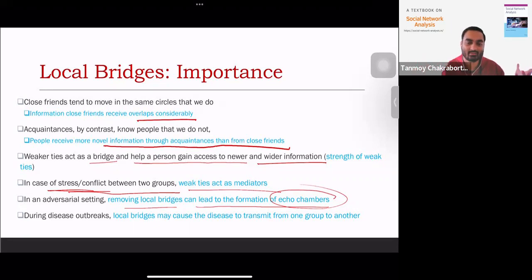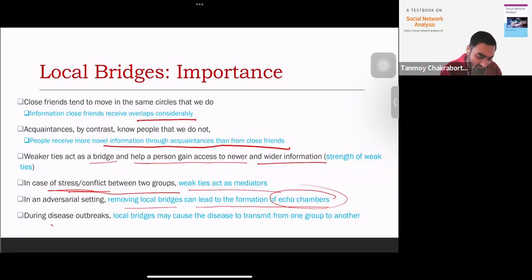Let's assume that there are two communities, Democrat community and Republican community, and there's an edge between Democrat and Republican. That edge is a dangerous edge, because it would essentially transfer information from one community to another community. So when you cut the link, these echo chambers would become even stronger, right?